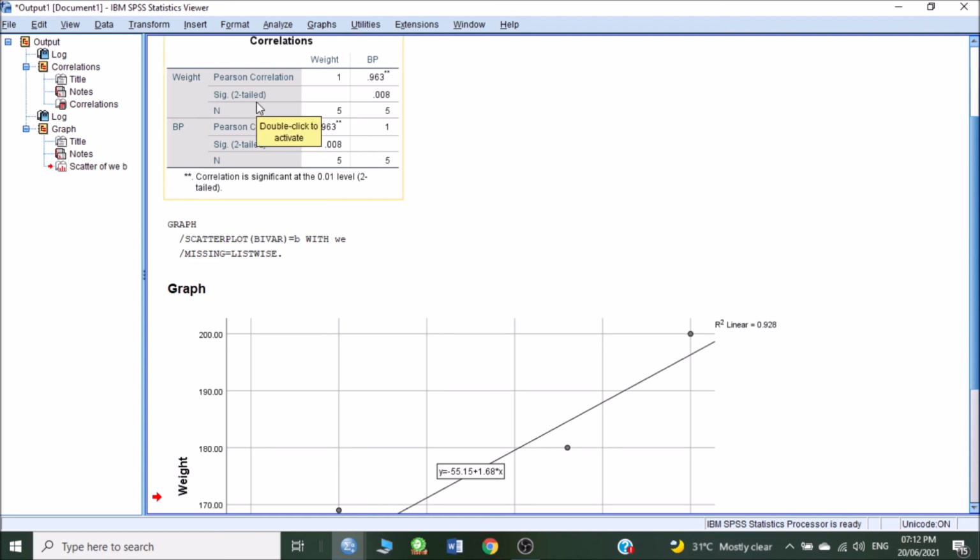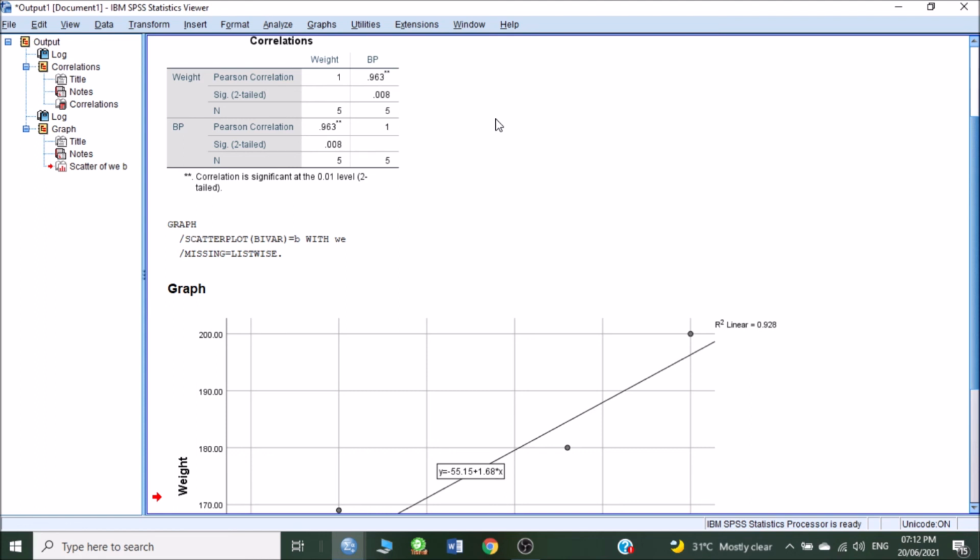Here the significance value is 0.008. Significance less than 0.05 means the value is highly significant. Above 0.05 means not significant.